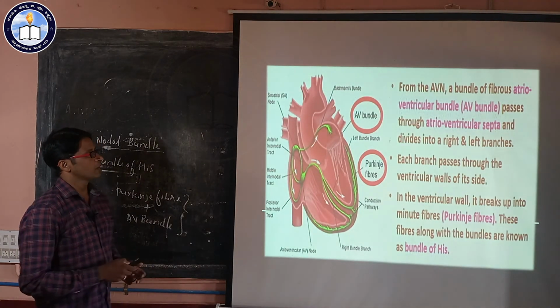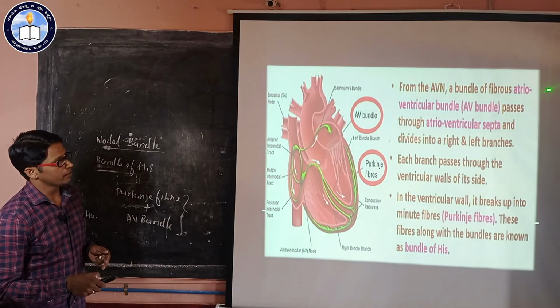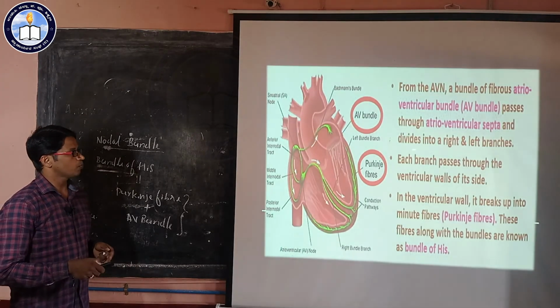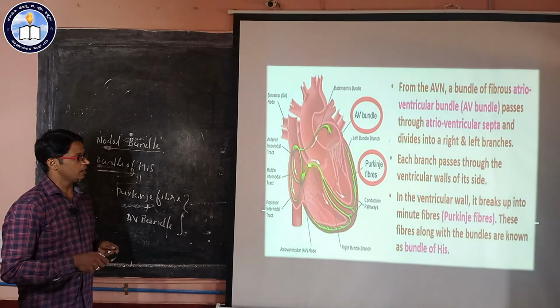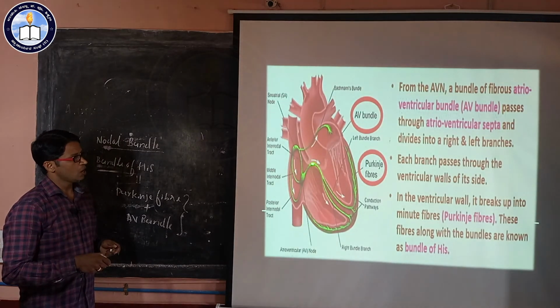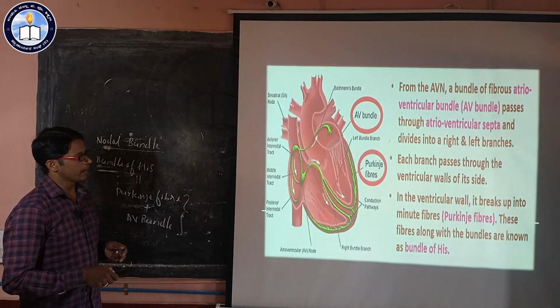So from the atrioventricular node, a bundle of fibers called the AV bundle arises, passes through the atrioventricular septa and divides into the right branch and the left branch.